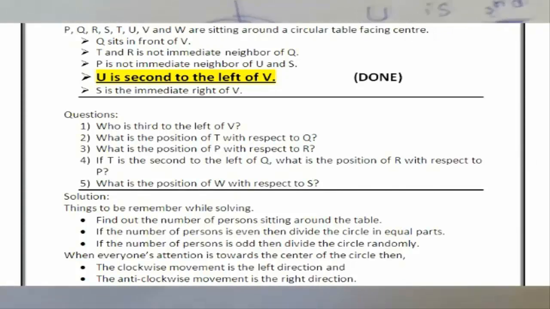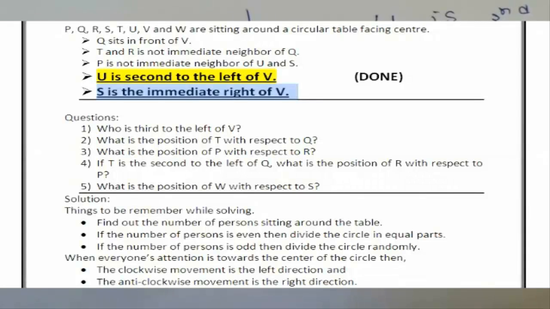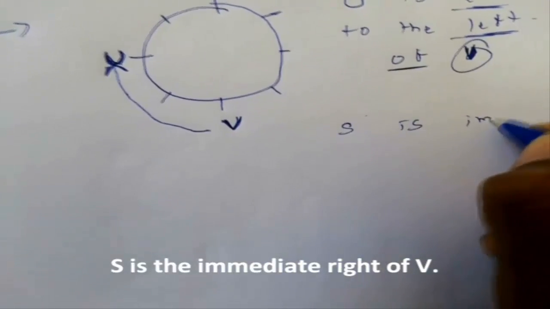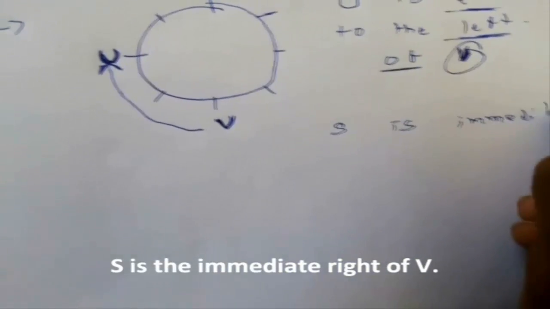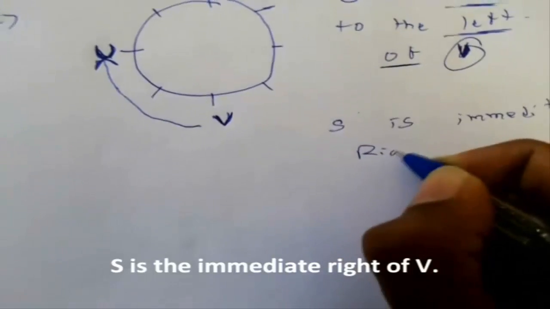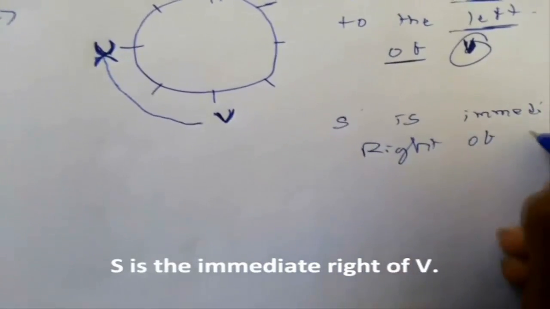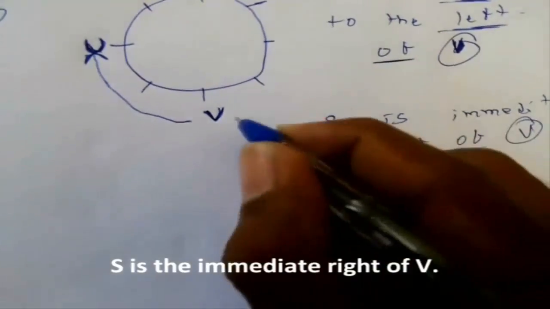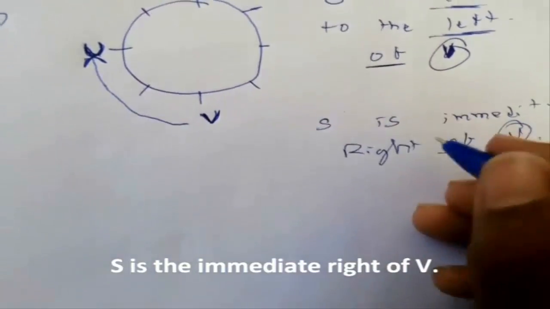Now move on to the next condition, that is S is immediate right of V. The letter which is followed by "of" is V, that we have already put on the circle.